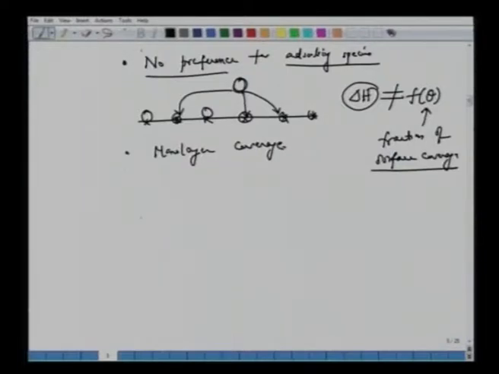And based on this, one can write down the rate expressions. Ultimately we are interested in finding a relation between q and the partial pressure, or C, right? That's the isotherm here.